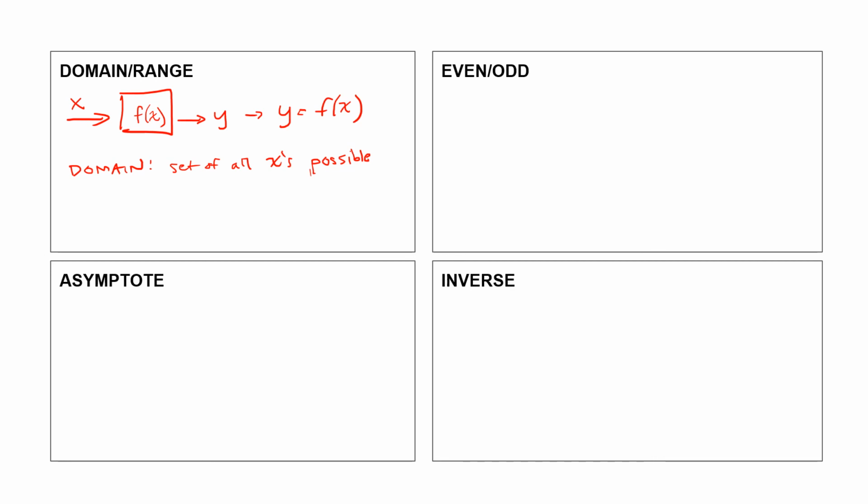We'll see more in the asymptotes below, where a certain number might not be included in the domain. So we'll talk about that in a second. Okay. The range is directly related to that. The range is the set of all y's that are possible, given whatever that function is.